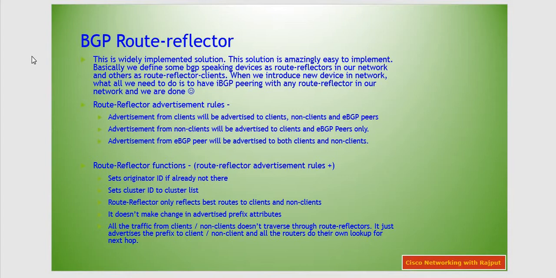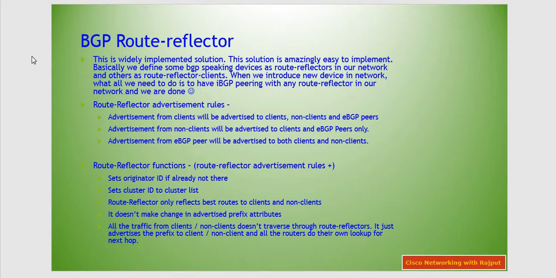So whenever we are talking about advertisement to route reflector clients, the route reflector will ignore the BGP rule of split horizon and simply relay the information which it has got from one iBGP peer to another iBGP peer. This is the only thing which makes the difference.